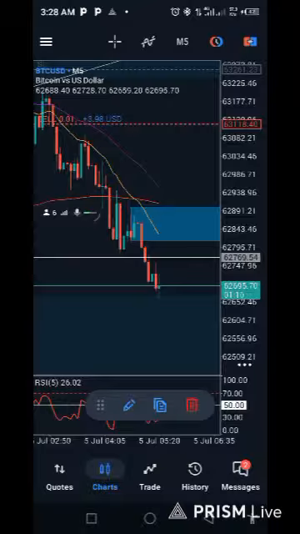A wave is not a straight line. It's an up and down movement or a down and up movement depending on the direction. Our lives are like that. It's up and down, good and bad, negative and positive. A wave cannot be called a wave if it doesn't have up and down.